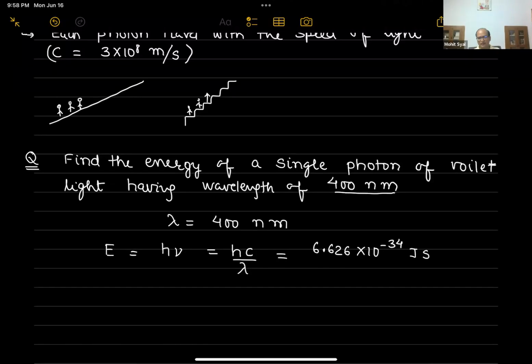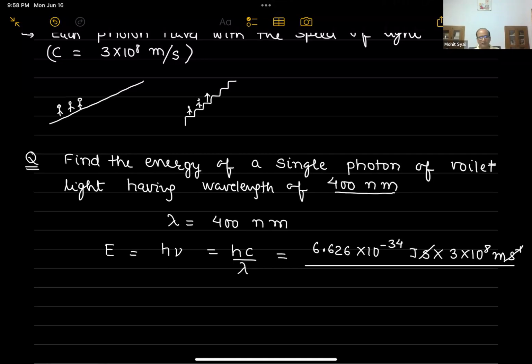Right? I will tell you one smaller trick also. And c is 3 into 10 to the power 8. Also keep track of the units, meter per second. This is the velocity, right? And second will get cancelled.